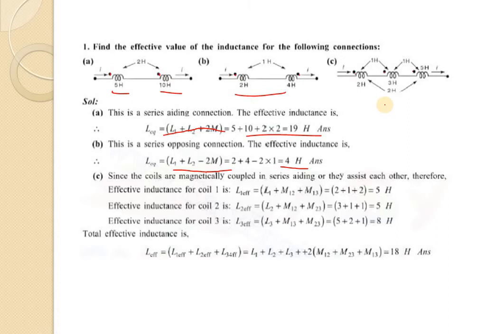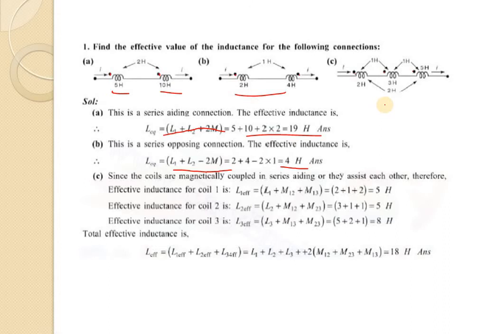So the effective inductance of the first coil will be L1, the self-induced EMF, plus the mutually induced EMF for the other two inductances, that is M12 and M13. Both will be positive because the dots are in the entering position in all cases.